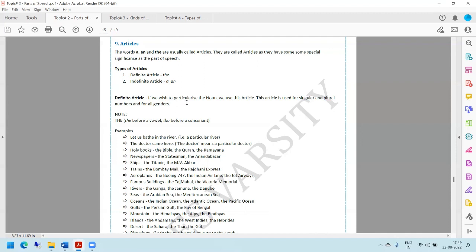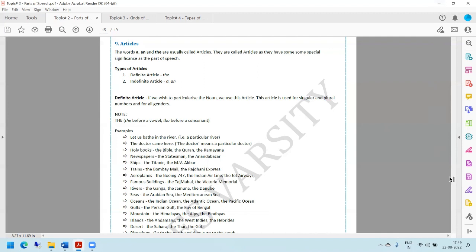If we wish to particularize the noun, we use this article, the. This article is used for singular and plural numbers and for all genders. Note, the is pronounced differently if before a vowel. So as we know, the consonant and vowels. So anyone, what is consonant, vowel?